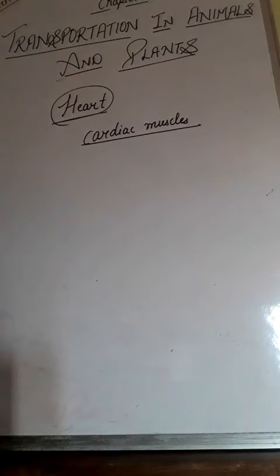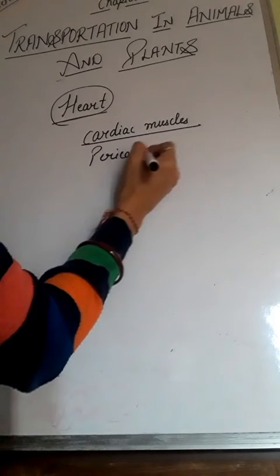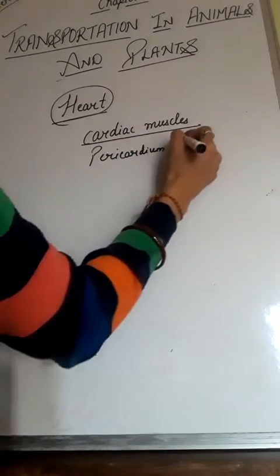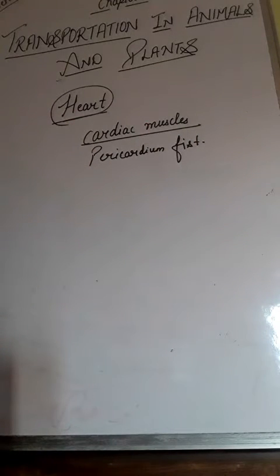They do not fatigue and are not solid muscles. They are very special muscles, and the size of our heart is roughly equal to our closed left fist, and it is enclosed in a protective cover called the pericardium. The heart is hollow inside, right?